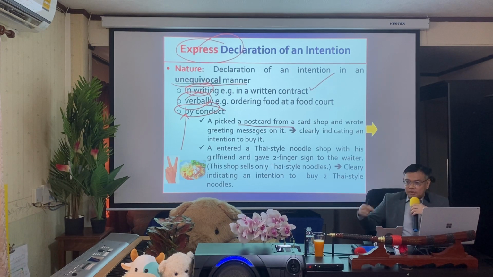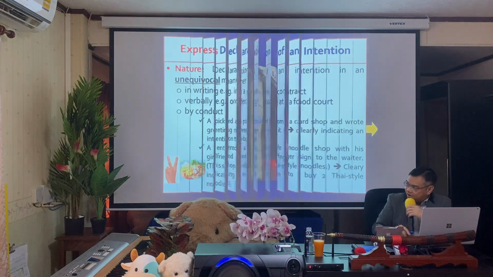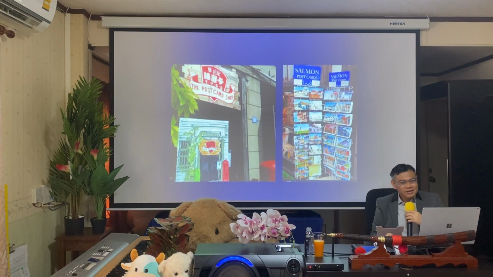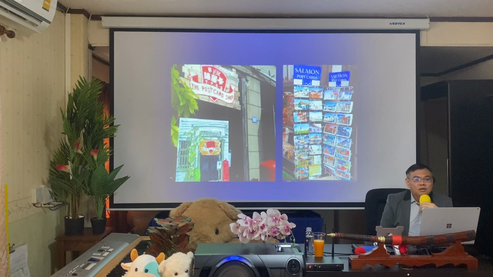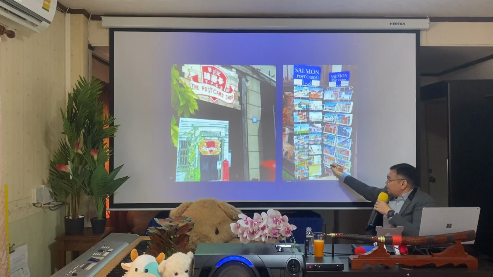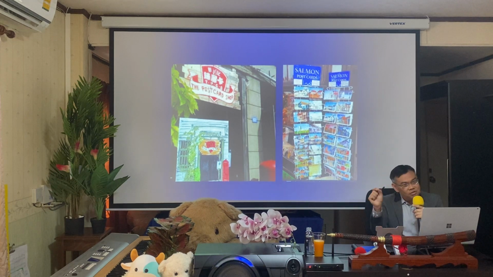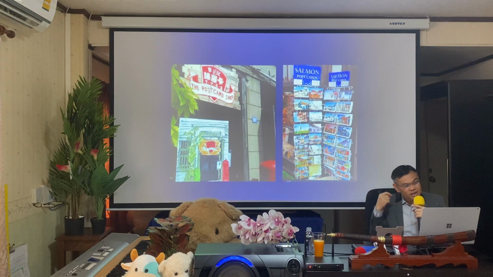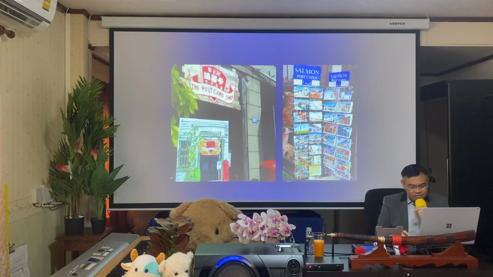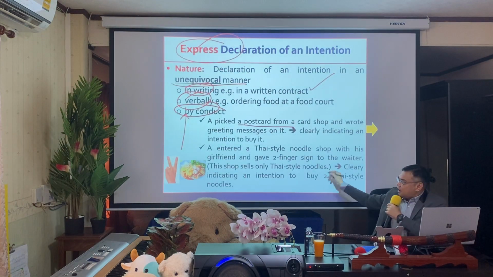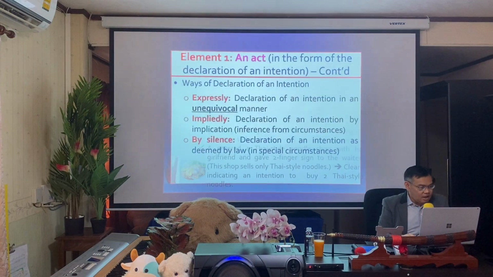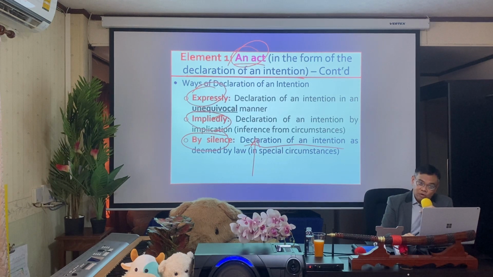Let's say that I pick up this one, and even though at that time I have not gone to see the shopkeeper yet, I just write messages on this postcard in order to send it later to my friends. When I pick up this postcard and write down a message, is it clear that I want to declare my intention to buy this postcard?